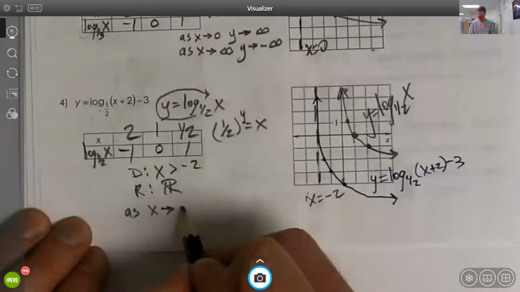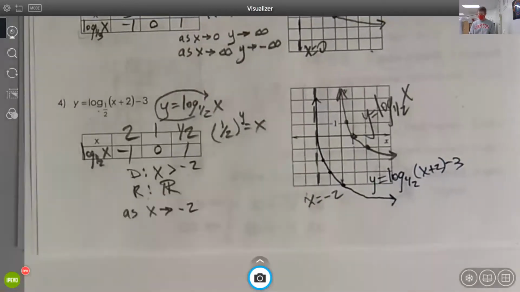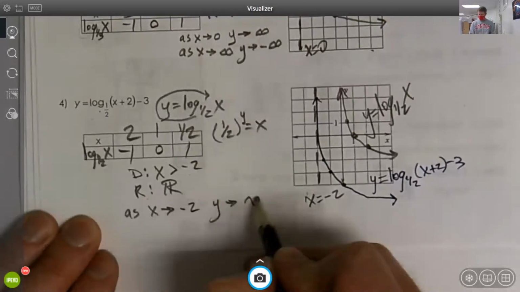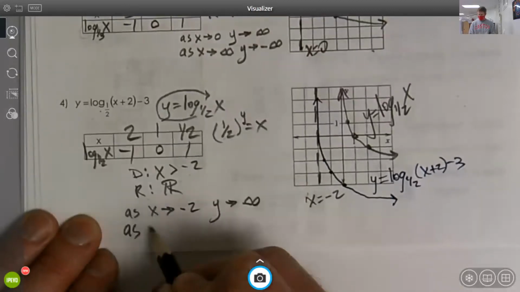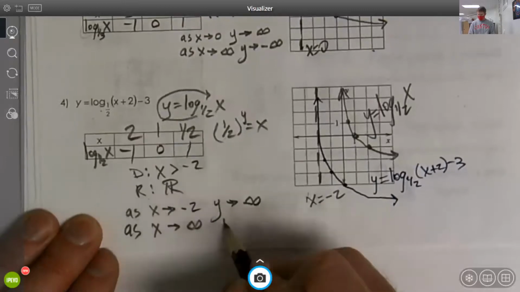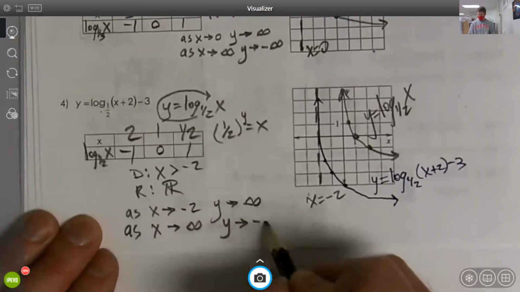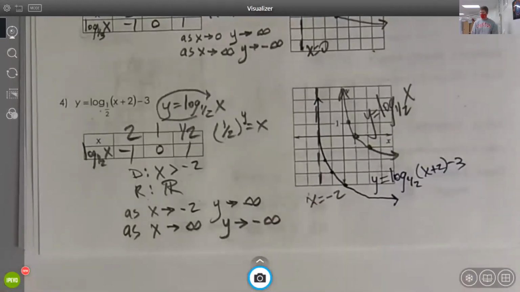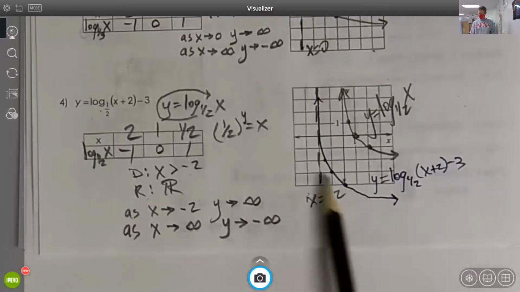So as x approaches that -2, the y value is going up. And as x gets bigger, the graph is going down. As x moves to the right, the graph is going down.